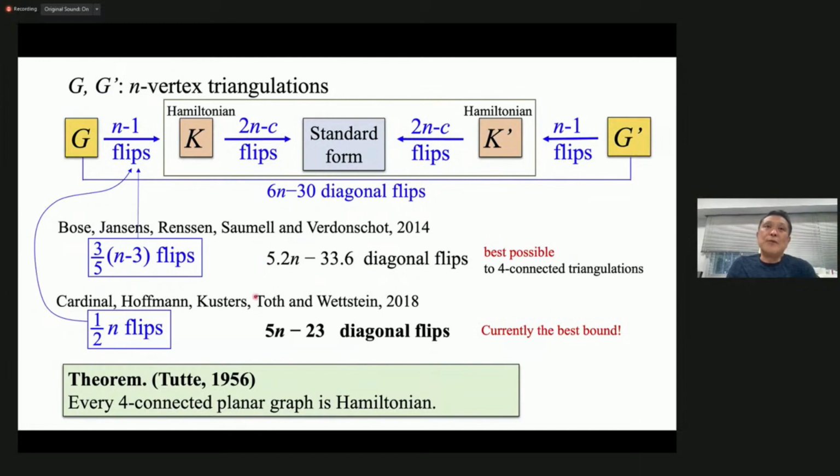Moreover, they improved this flip count further, but they gave up transforming G into a four-connected one. They counted the number of flips to transform G into just a Hamiltonian one. By this improvement, they got this result, which is currently the best bound, I think.